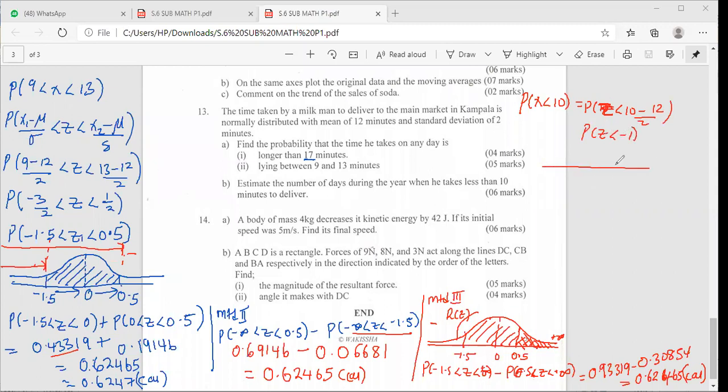Whenever you have less than or greater than, it is always better to just use either P or Q, the one you see applicable.